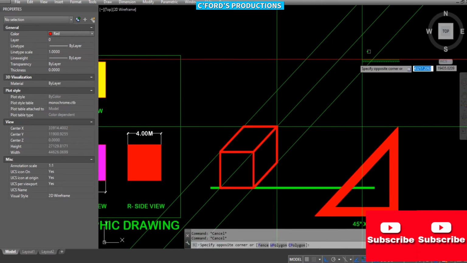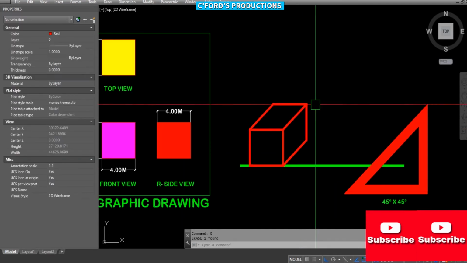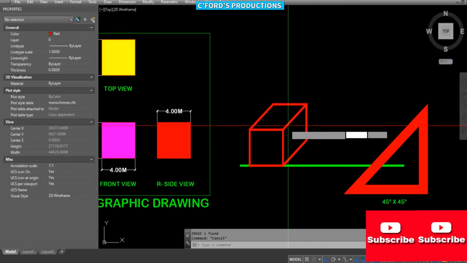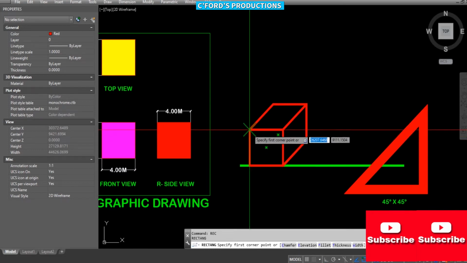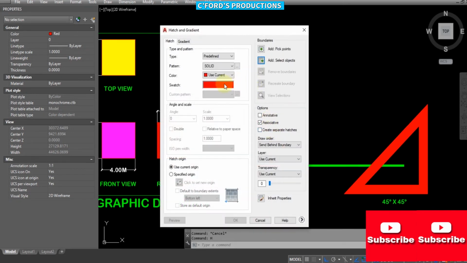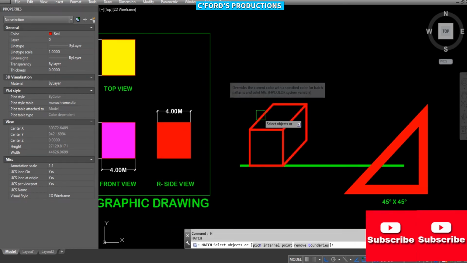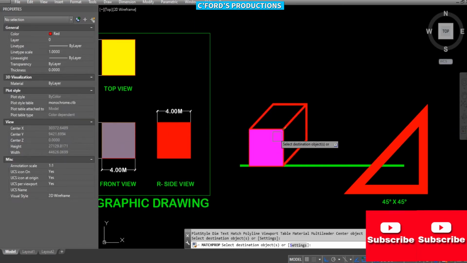So delete the line. This area is the front view.